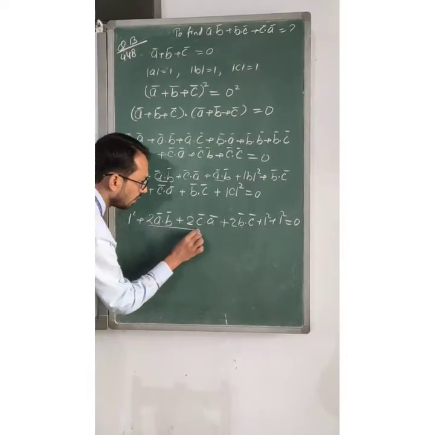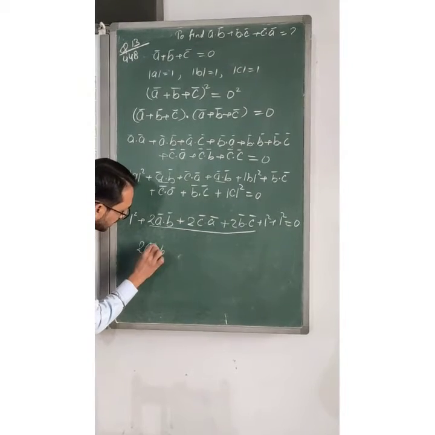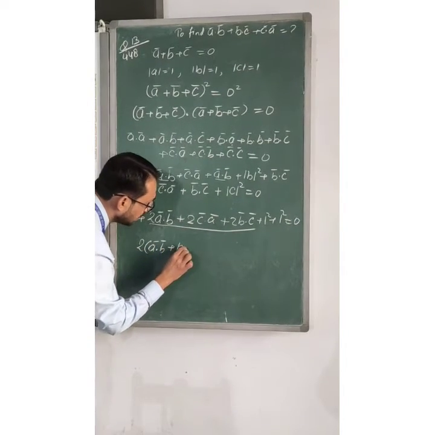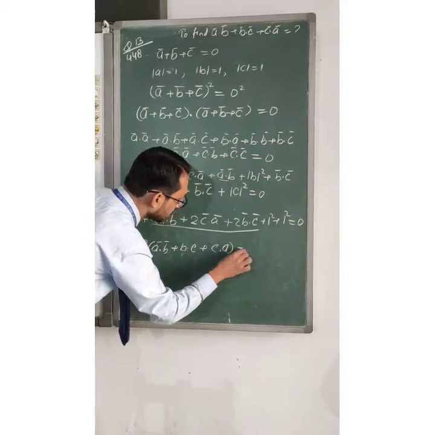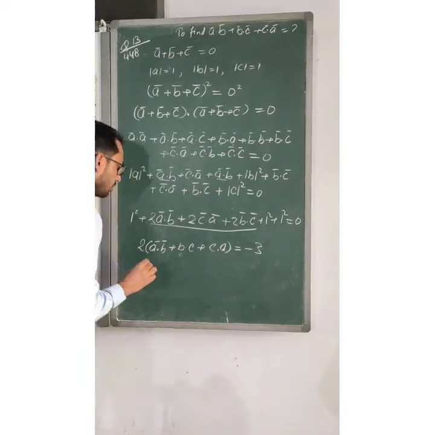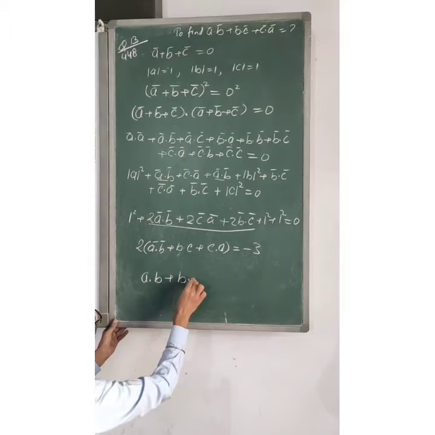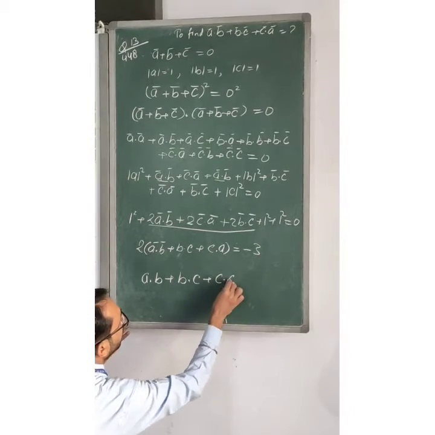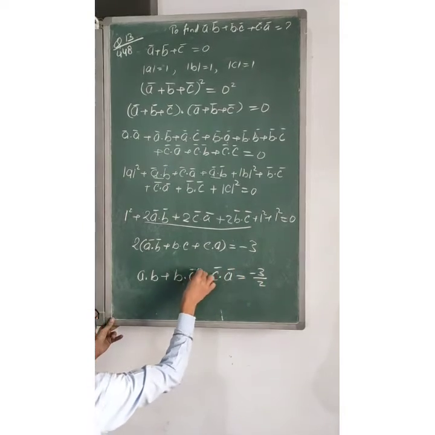I am taking 2 common from these 3 terms, so 2 times A dot B plus B dot C plus C dot A equals 1, 1, 1, minus 3. So the value of A dot B plus B dot C plus C dot A equals minus 3 by 2.